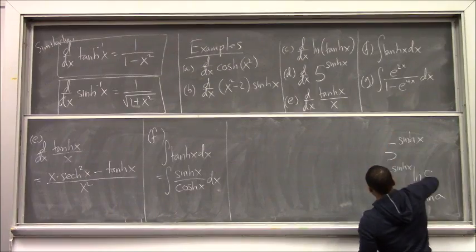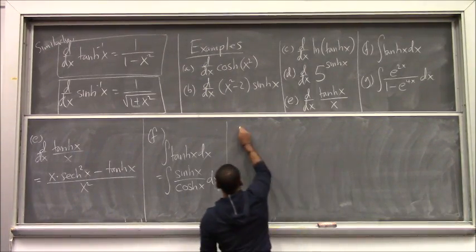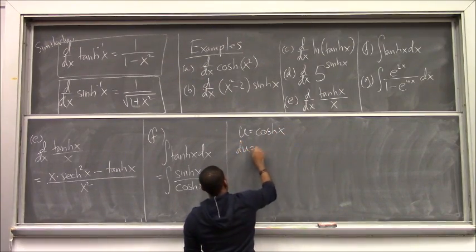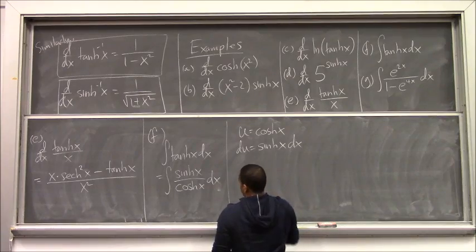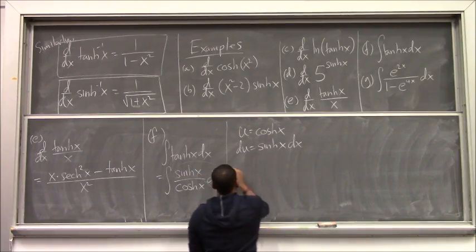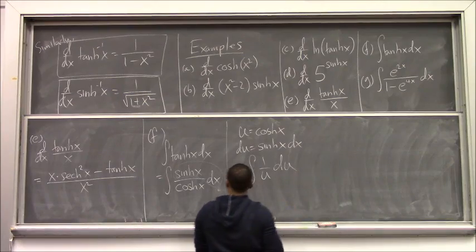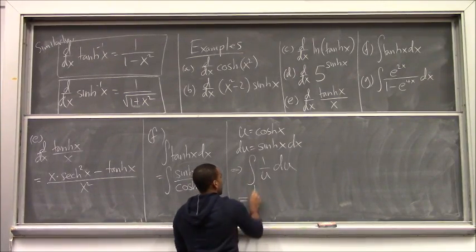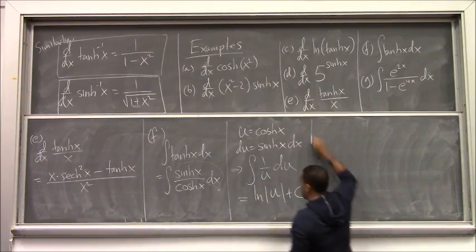You have 1 over cosh x, so that's not going to do good. So your u will be cosh, and your du is going to be sinh x dx, which is what you have right here. So you end up with 1 over u du, pretty much directly. The integral of that is ln of the absolute value of u plus c, and then you replace the u with what it is.